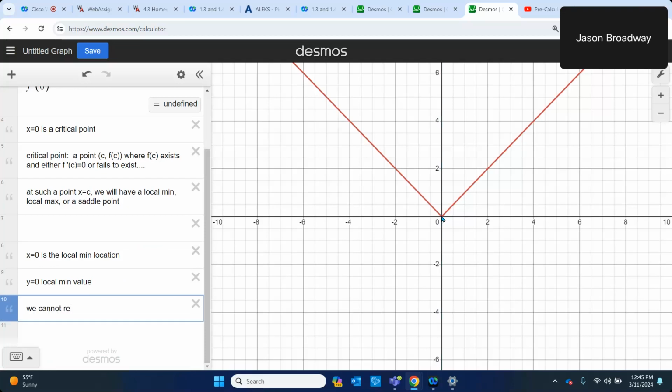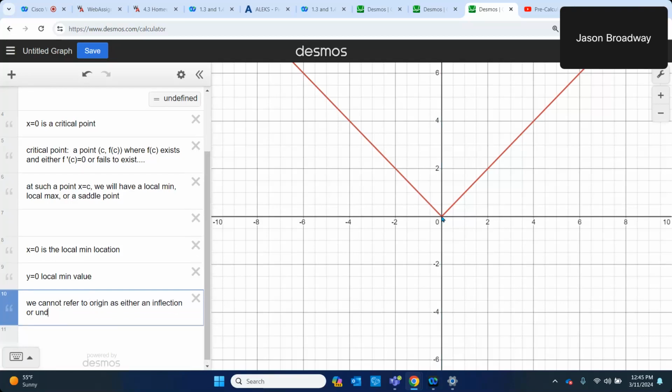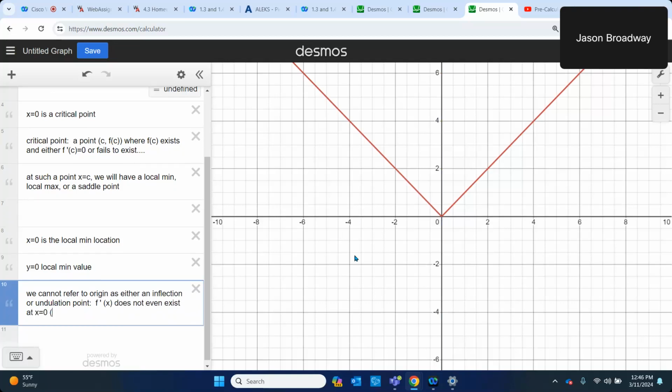We cannot refer to the origin as any kind of undulation or inflection point. It doesn't make sense. The derivative is zero on both sides, and the first derivative doesn't even exist. Indeed, f prime of x does not even exist at x equals 0, and that is a requirement.